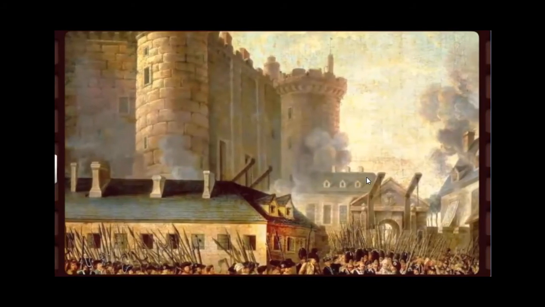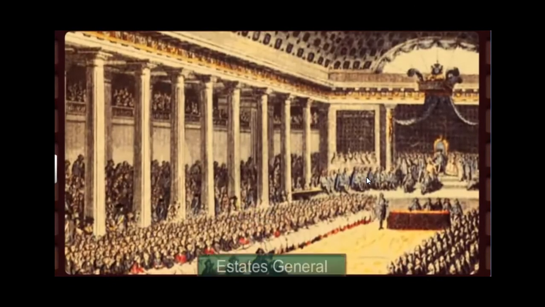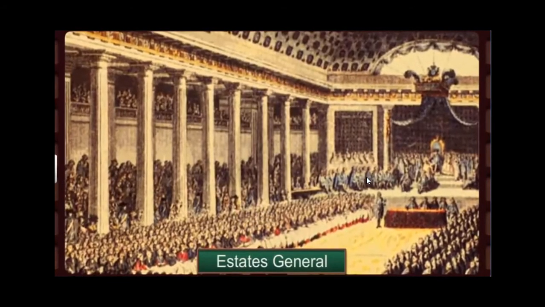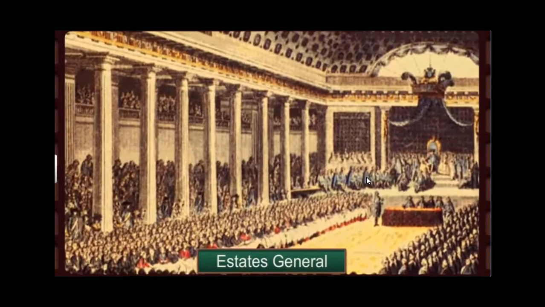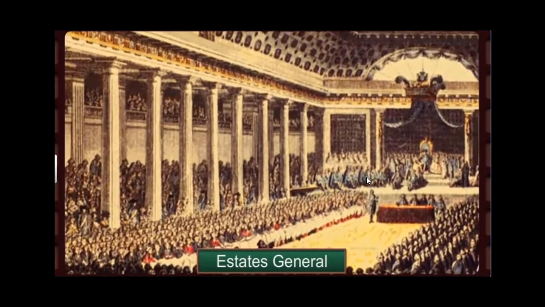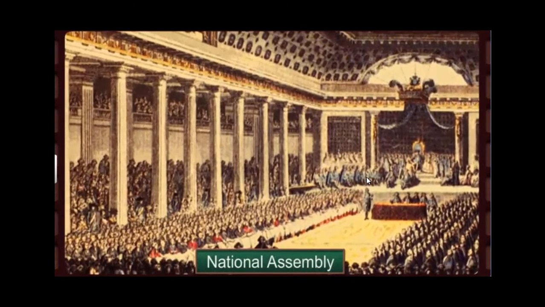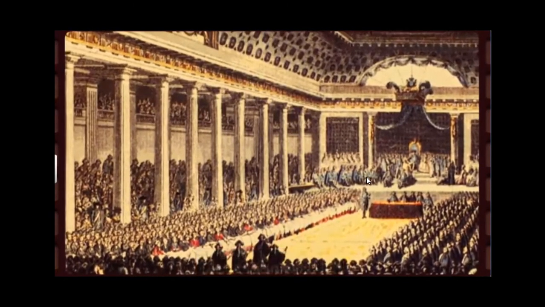The French Revolution impacted the administration as well. Earlier, only the body of active citizens had the right to cast their votes in the Estates General. Now, the Estates General was renamed as the National Assembly.